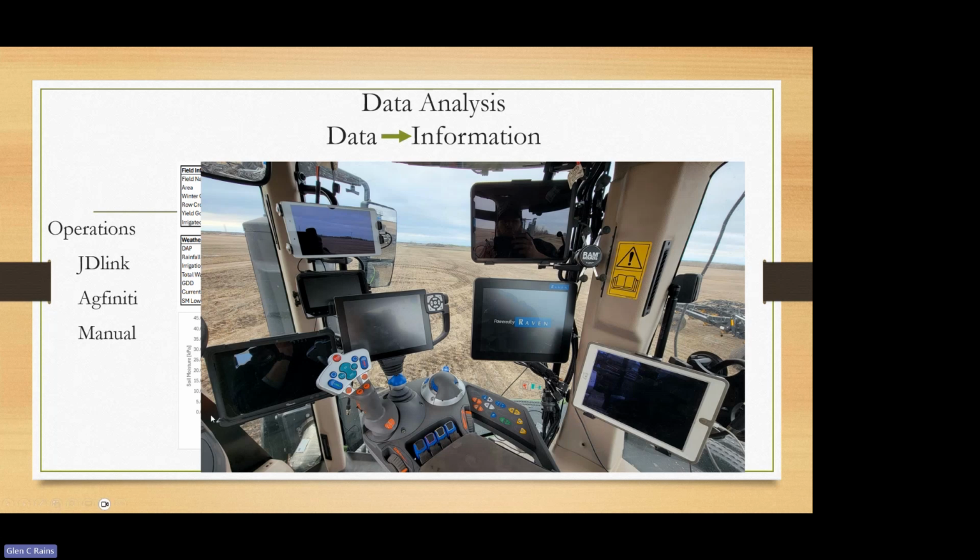John Deere has JD Link, that's their software platform. Ag Leader has Agfinity. Then you have things where you just have to have the data manually downloaded. Most systems do have something that's collecting that data and storing it.